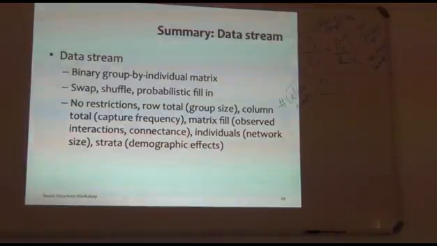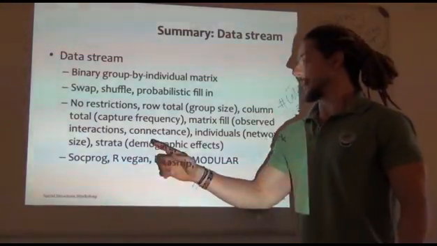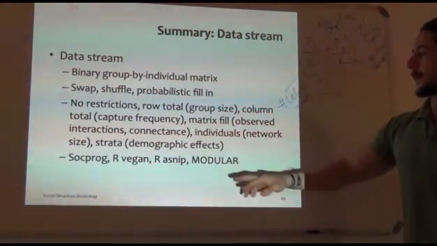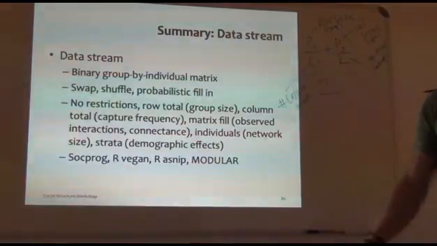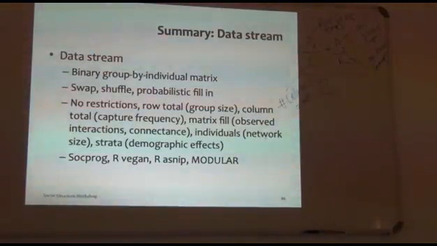So if you work with the raw data, you can do anything. And it's available in SocProg, in the vegan package in R, or the, I forgot, it's not missing an E here, or even in modular, if you're working with modularity.